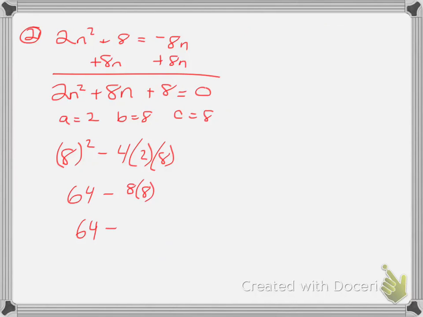Now that's going to stay a negative 64, so I have 64 minus 64, which is 0, which means there's 1 real solution. The most important thing with this is that you get this sign correct. Since in this one the -4 here was multiplied with a positive and a positive, it's going to stay the negative all the way down.